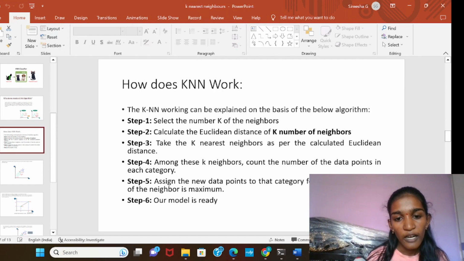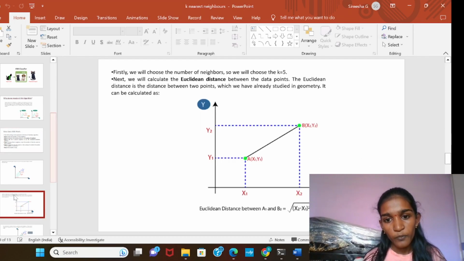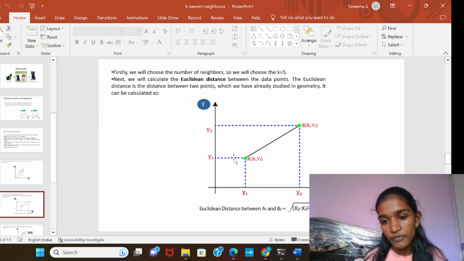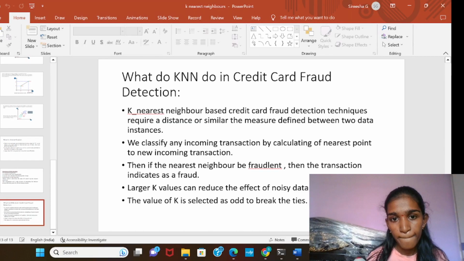After that, it assigns the new data point to the category for which the number of neighbors is maximum, and then our model is ready. This is the way to calculate Euclidean distance: the square root of (x2 minus x1) whole square plus (y2 minus y1) whole square.